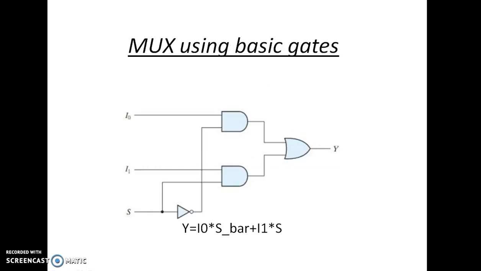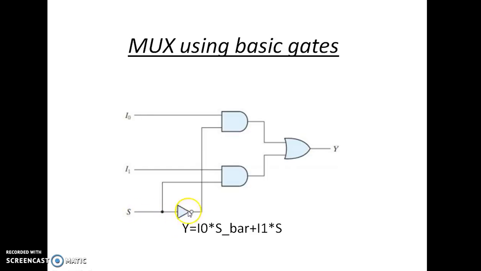This is the diagram for the 2:1 multiplexer using basic gates. The equation for the 2:1 multiplexer is, if we have this one as the 2:1 multiplexer, output is Y and I0 is one of the inputs and I1 is the other input. The selection line can have either 0 or 1 value.